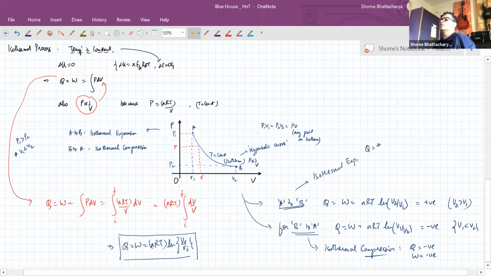So Q is positive, W is positive, which means heat is supplied to the gas and work is done by the gas while the temperature is constant.